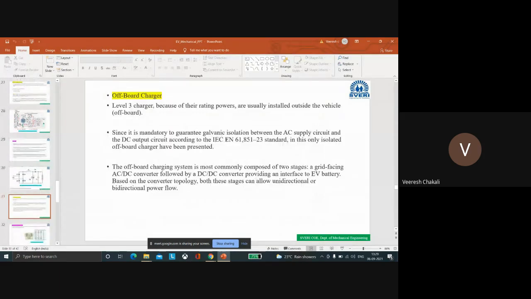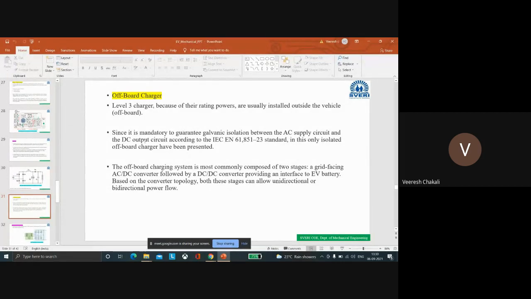Next, offboard chargers. Level 3 chargers, because of their rated power, are usually installed outside the vehicle. I have already explained, the offboard charger is the charger used outside of the vehicle, and it is used at high power levels, high voltage levels, directly connected to the grid.